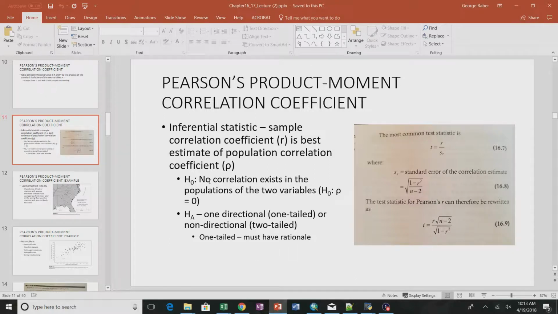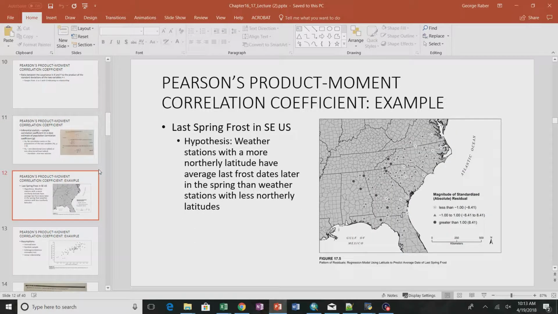That's the correlation coefficient, and typically we're more concerned with just looking at the correlation rather than its significance level. We'll talk about trying to build a model from it later and see if the model is worthwhile by doing significance.